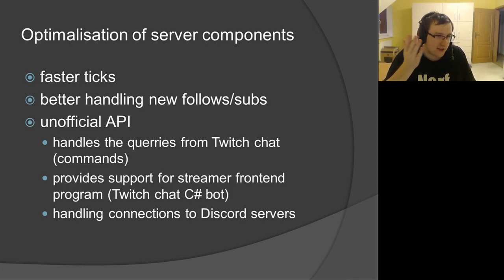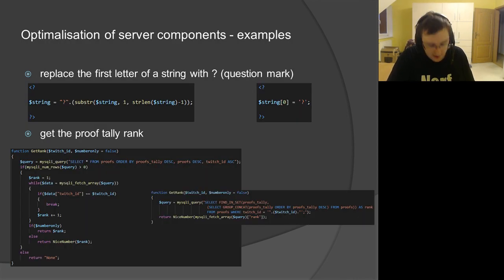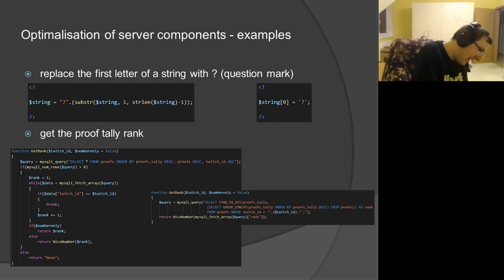So yeah, this is essentially what needed to be done. I needed to optimize every single part of the server component just so it works faster. But now it's ready.